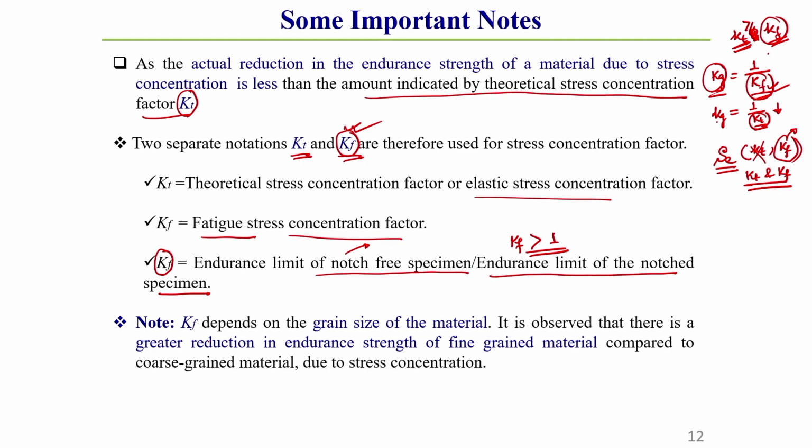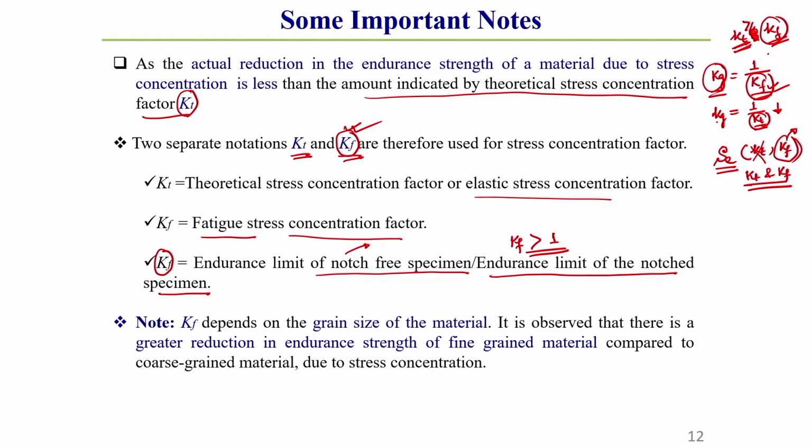Now, you see this Kf value. Some important points I have written: it depends on notches as well as on the microstructure, or grain size, of the material. It is observed that if the grain size of a material is fine, the endurance strength of a fine grain material is reduced more.